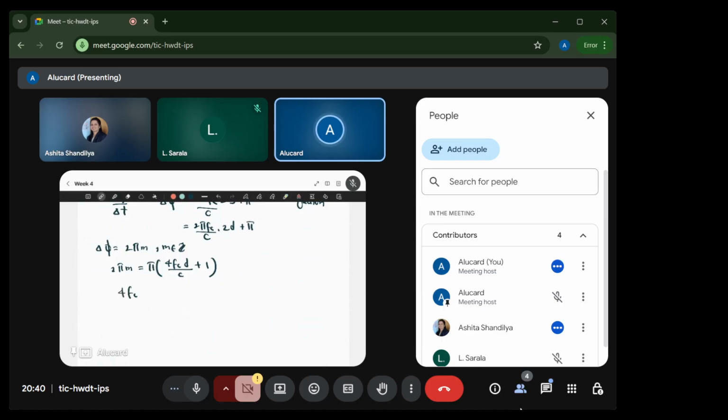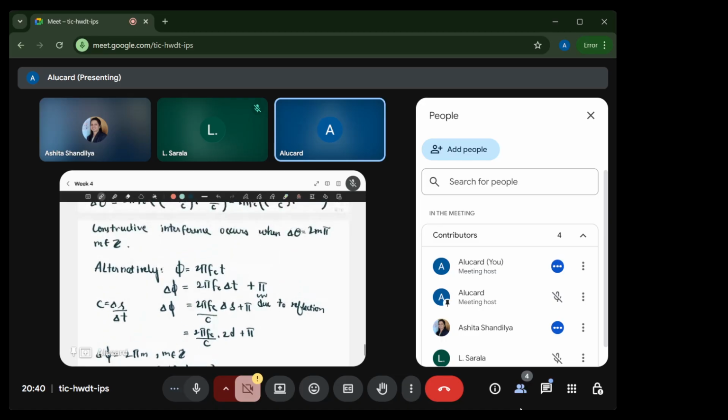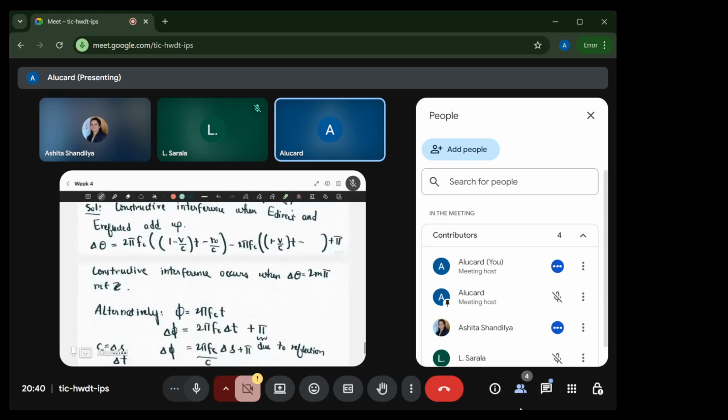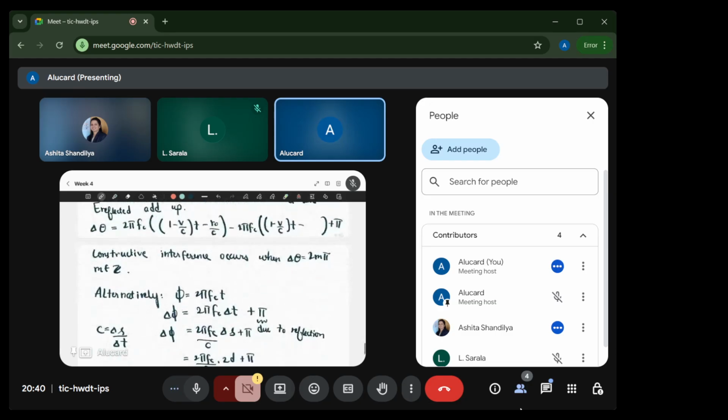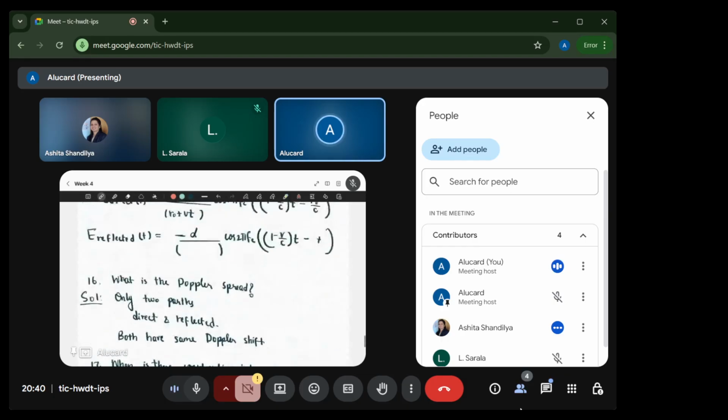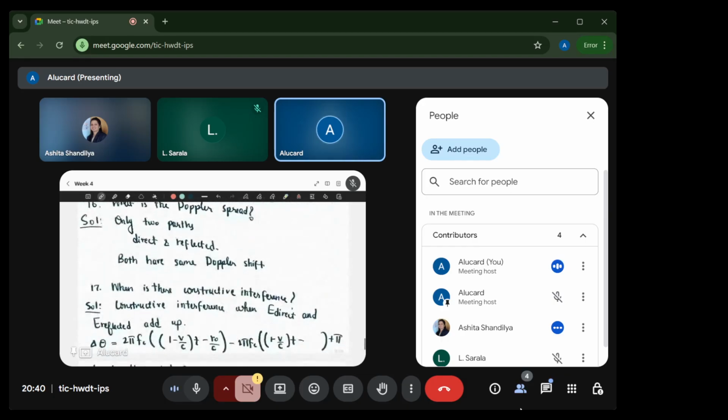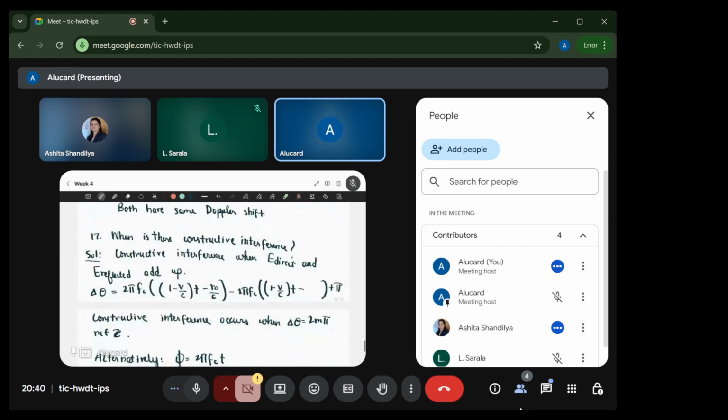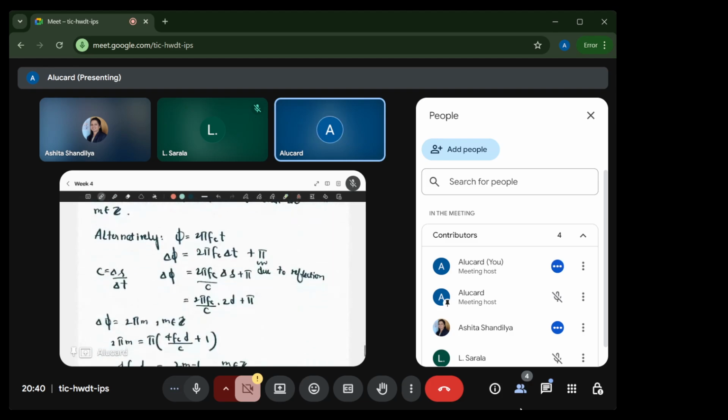So 4d over c is 2m minus 1. Here we didn't really know the equation for the signal, but you can still solve it just using basic physics.